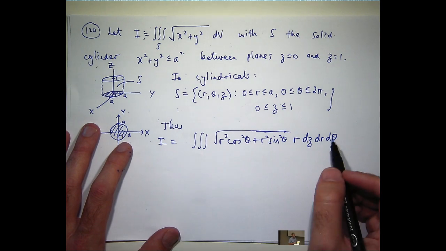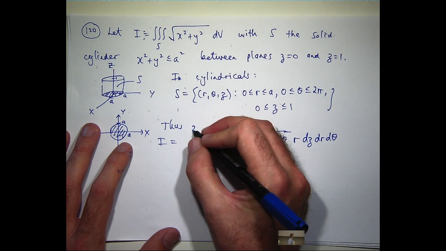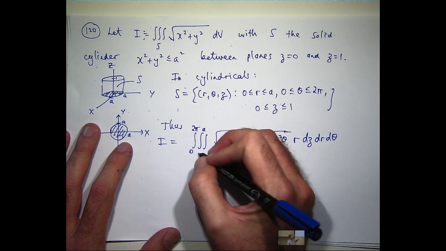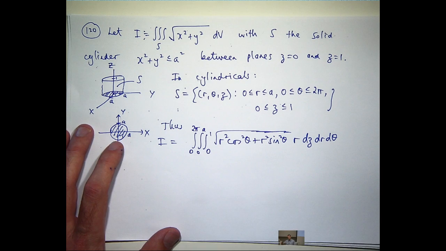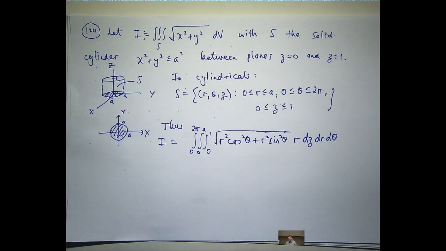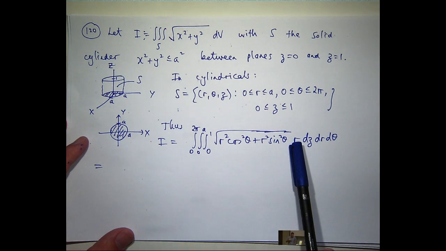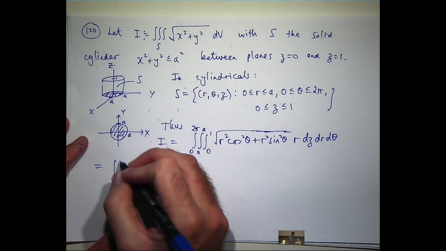So what are the regions of integration? Let's write those in. Now we can simplify using cos squared plus sine squared equals 1, not forgetting to multiply through by my r, so I get something like this.